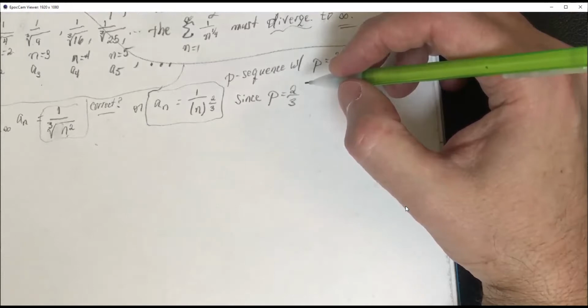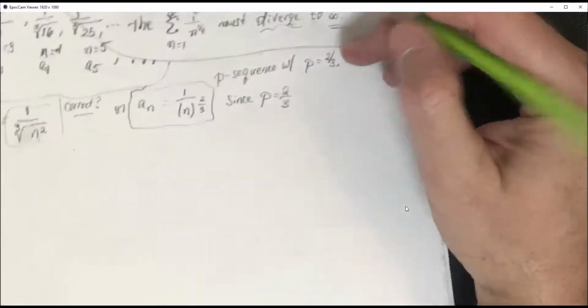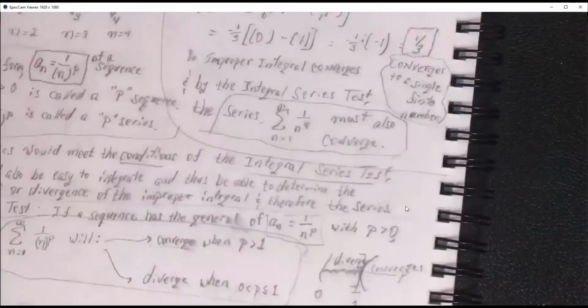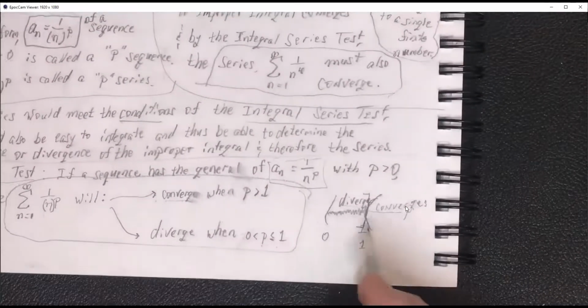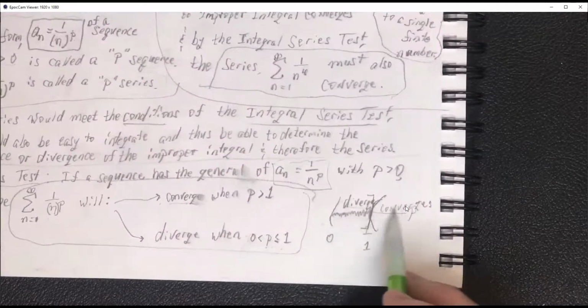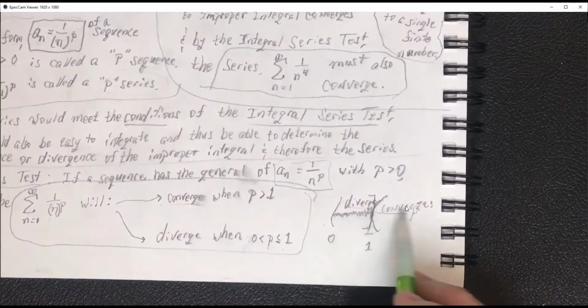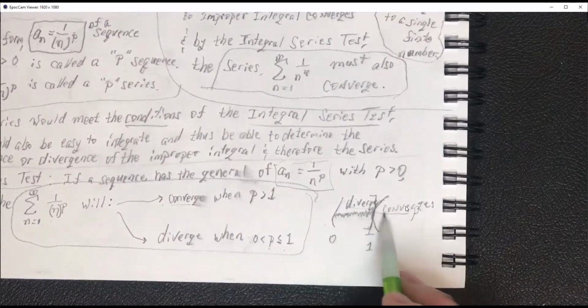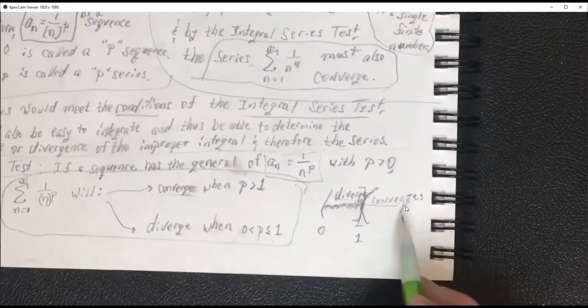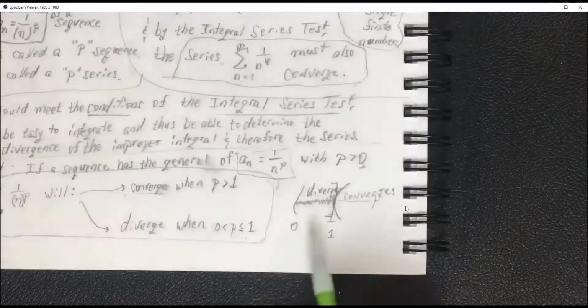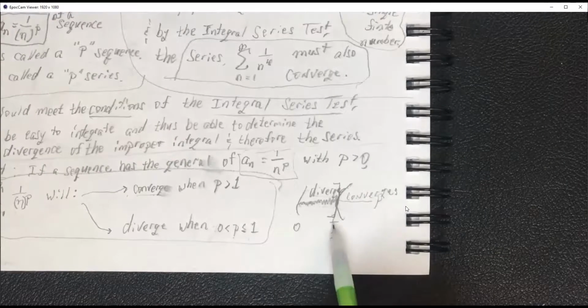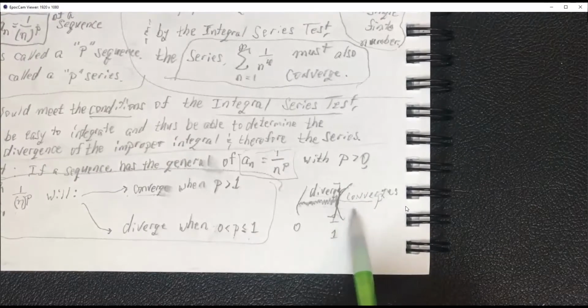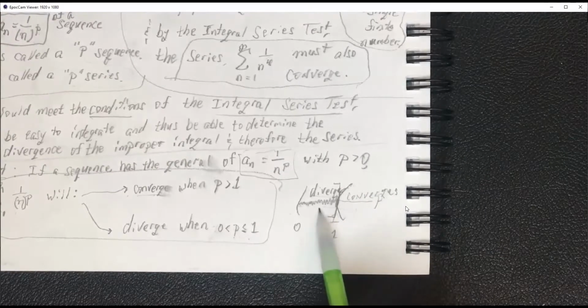It has to be positive. So where is 2/3 on this number line that's been broken up into two parts, the diverging values of p and the converging values of p? So where is 2/3, Brian, here? Is it greater than 1 or less than 1?